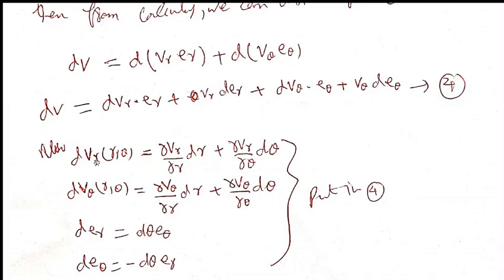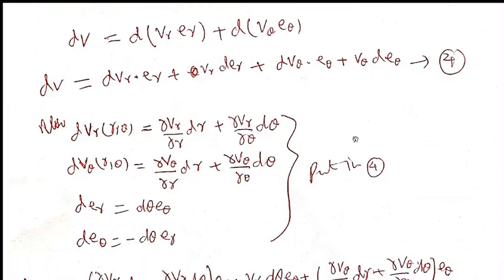We know the value of these. What is the differential of Vr(r, theta)? As Vr is a function of r and theta, with the help of the definition we can write partial Vr partial r dr plus partial Vr partial theta d theta.